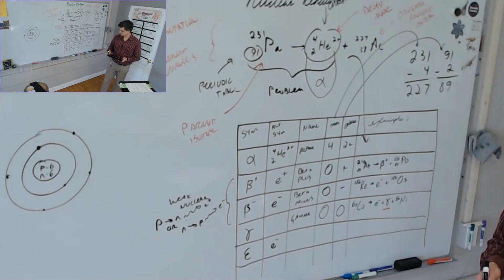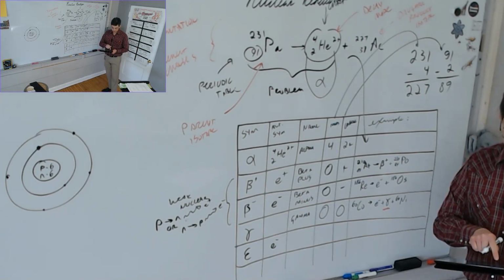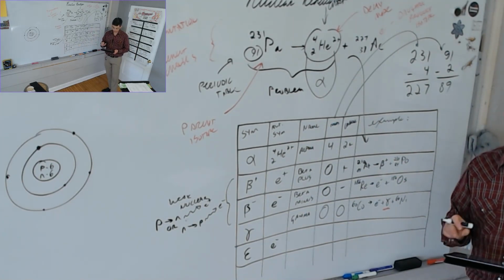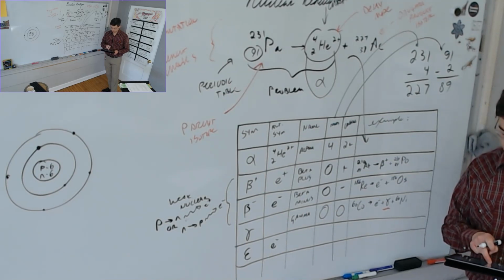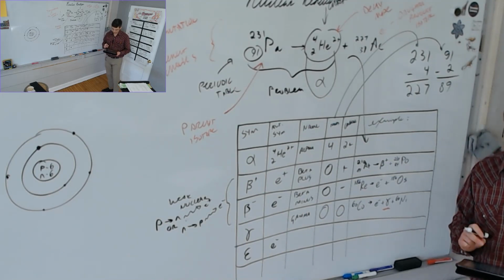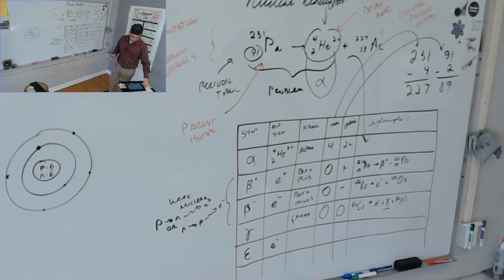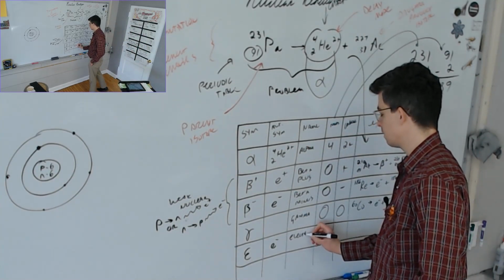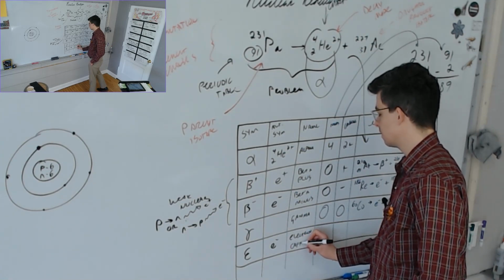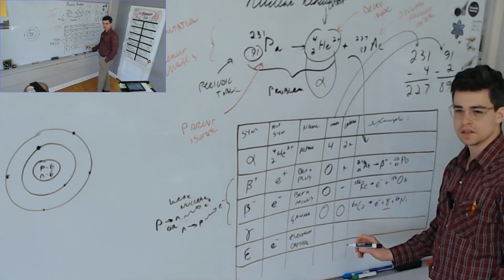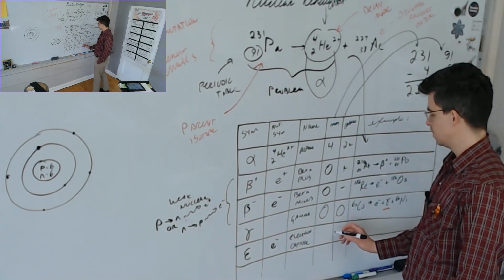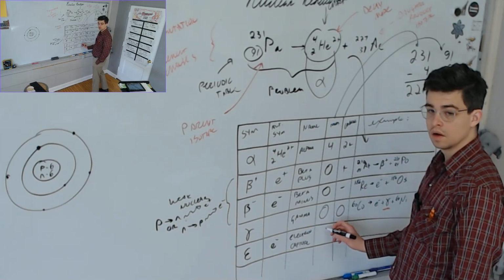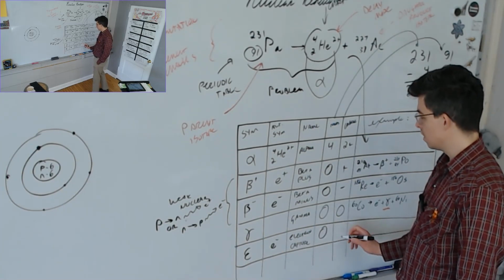The electron capture symbol is that little epsilon, and it's also symbolized like the other one was as an electron, but you'll see there's a little bit of a difference here. Electron capture. Mass, it's an electron, 0. What's its charge?